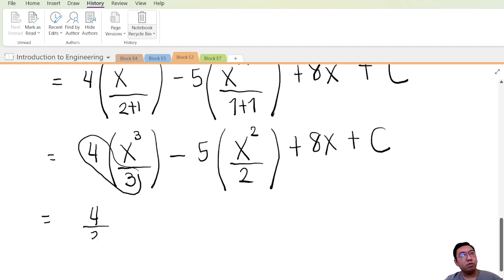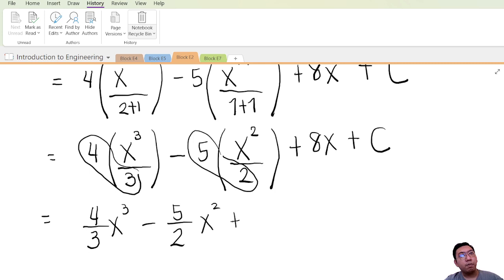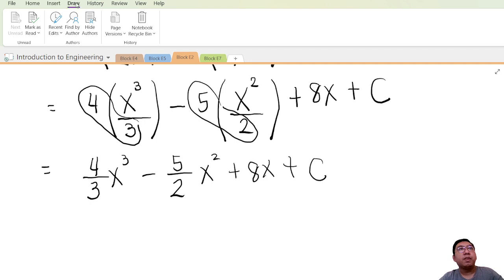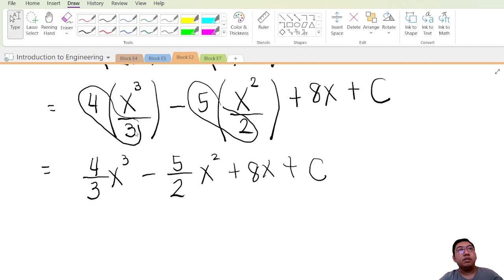So the coefficient will be 4 over 3 x cubed minus 5 over 2 x squared plus 8x plus c. So 4 over 3 cannot be rounded to lower terms, and negative 5 over 2 cannot be reduced to lowest terms either, since they are not divisible. So that is your answer.